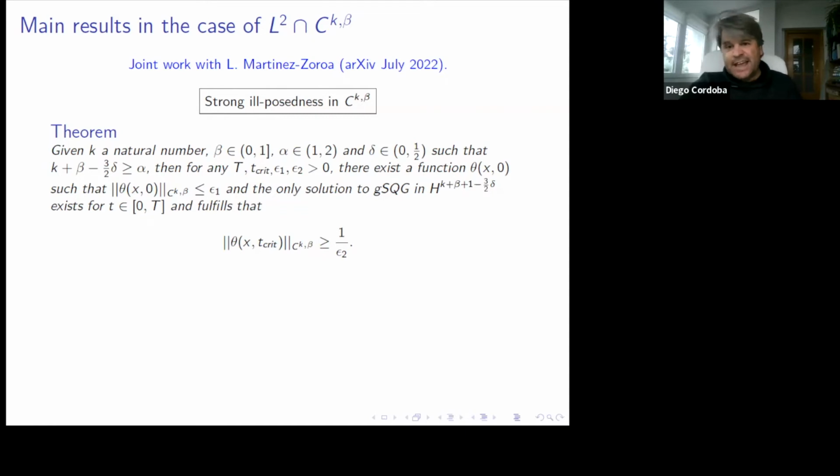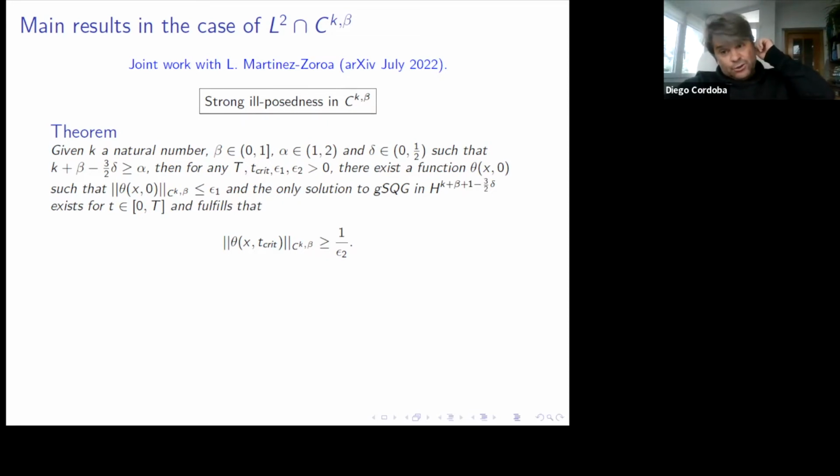Then there exists initial data where initially the Hölder norm is smaller than epsilon 1, and epsilon 1 can be as small as you want. These solutions are in a certain Sobolev space, but they're actually, this is badly written, they're actually C infinity. For this theorem, these solutions are C infinity. Then your Hölder norm at time T-crit is as big as you want.